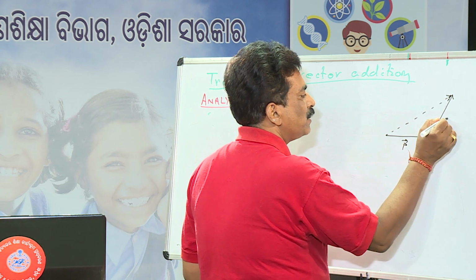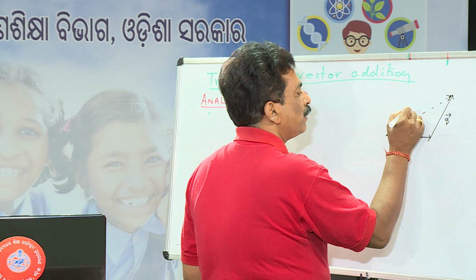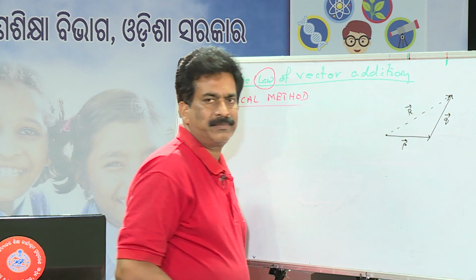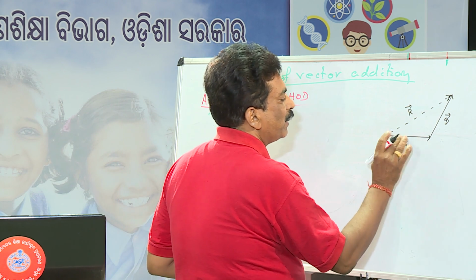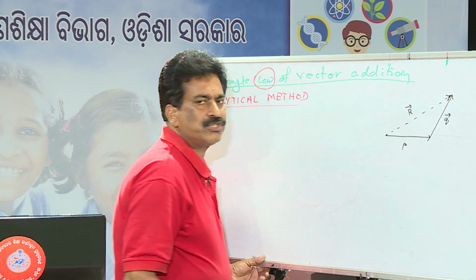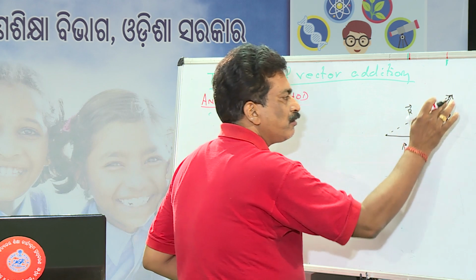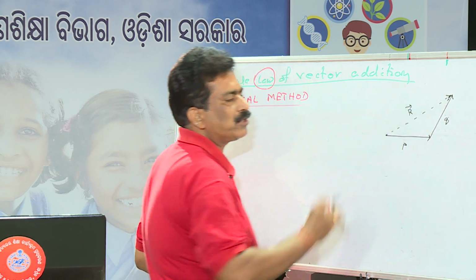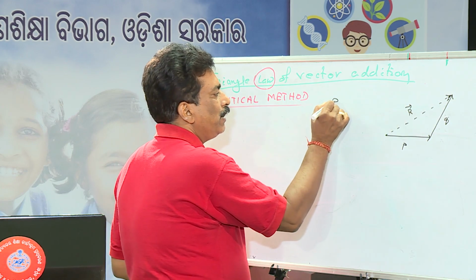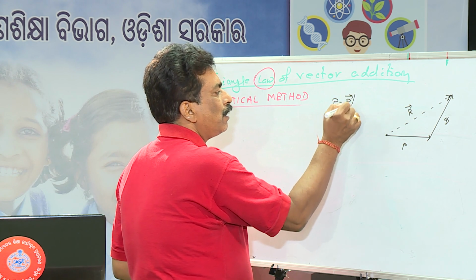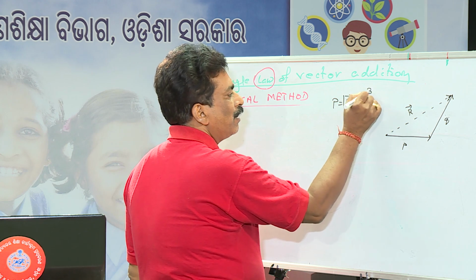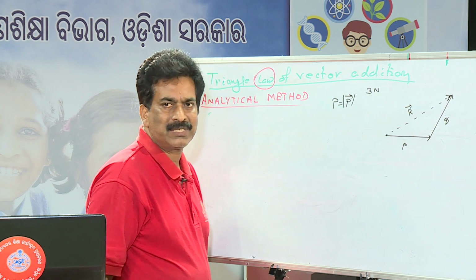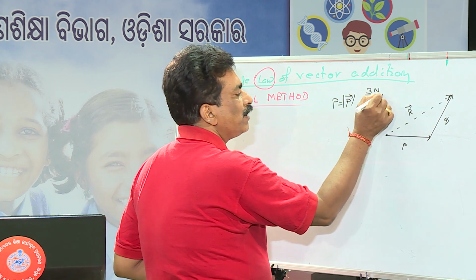As the name given, p vector, q vector, this is the r vector. For the analytical method, if this is the p vector, say its magnitude is p. This is the q vector, its magnitude is q. So, what is p? P means the magnitude of the p vector. If the p vector is 3 Newton, I will say 3 Newton means only the magnitude.